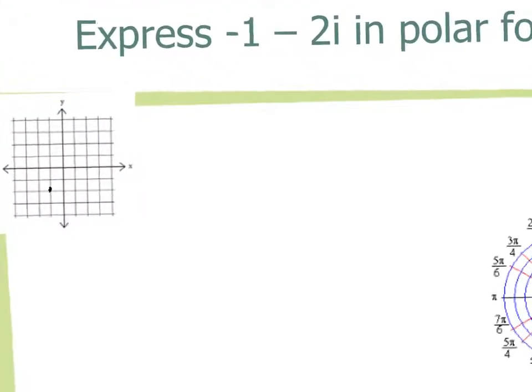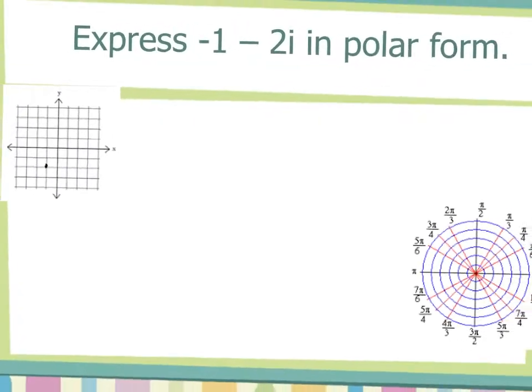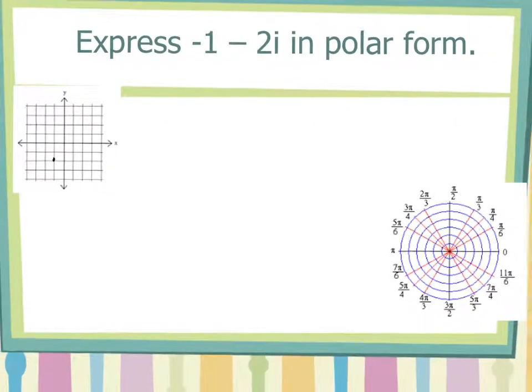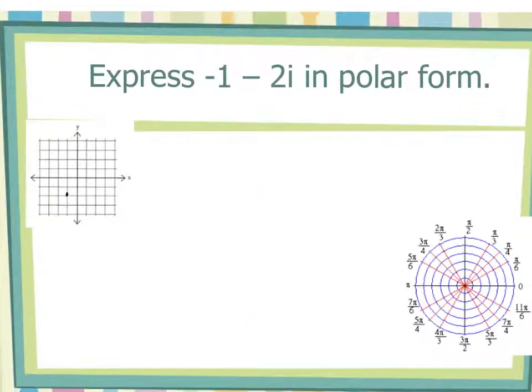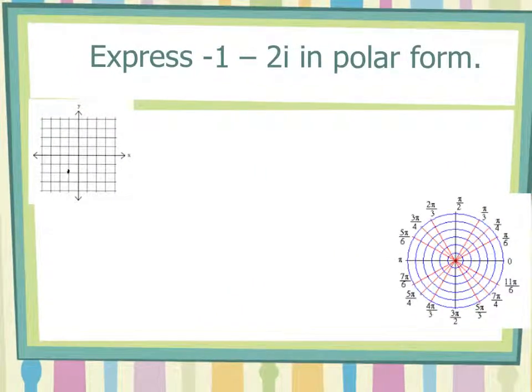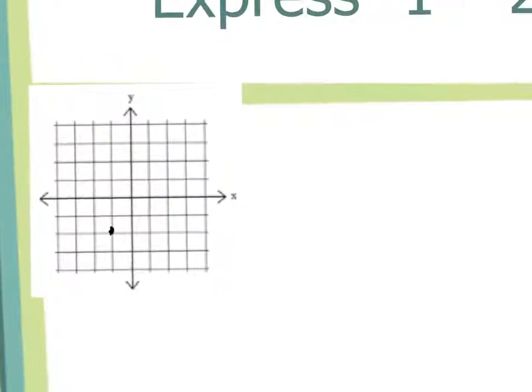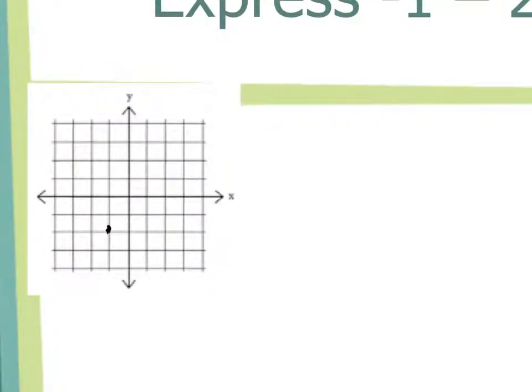I want to convert it to polar form. What I want you to notice is it's really not different from the previous conversion that we did. -1 is like x, -2 is like y. Again, this represents the real number line, and that's the imaginary.